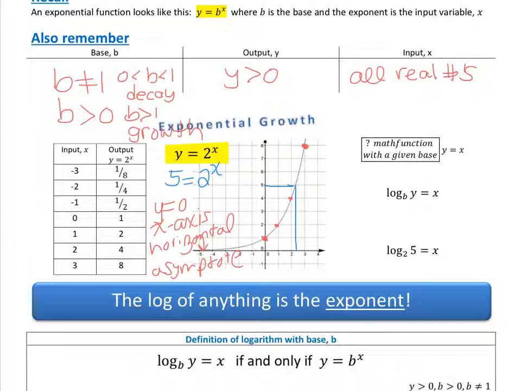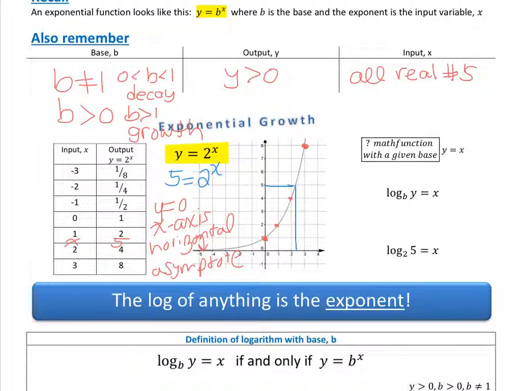Well, I can look at this curve here and see it's definitely greater than 2, and less than maybe 2.5. So I can estimate it from the curve. But what do we do if we want the absolutely precise exponent, which is obviously a decimal? So here we're looking at an output of 5, and we want to know what this corresponding x would be.